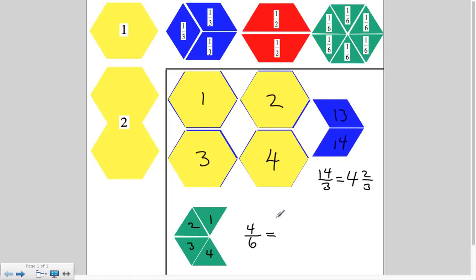Next, we'd like to consider the other problem of reducing a fraction, such as 4/6. So when we have 4/6, 1, 2, 3, 4, 4 of these 1/6 tiles, we can simplify this by taking a third and putting it here, and another third and putting it right over top of those 2.